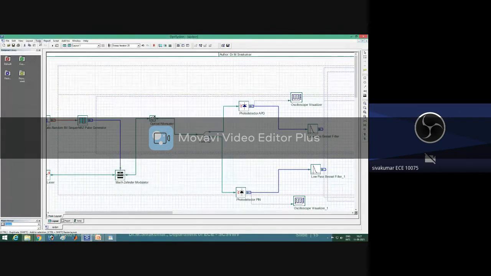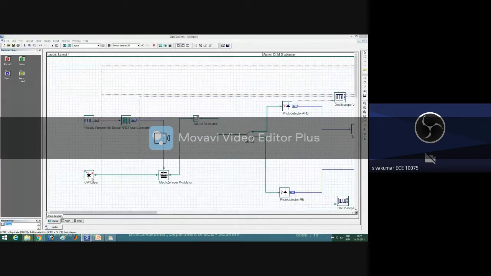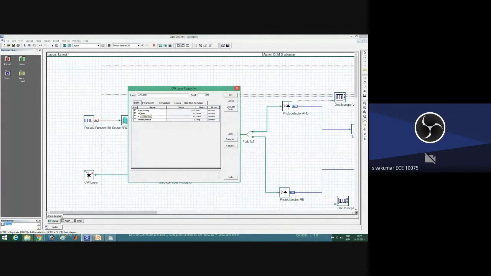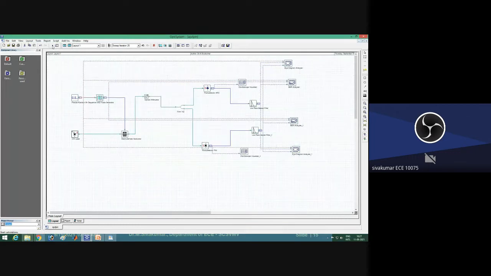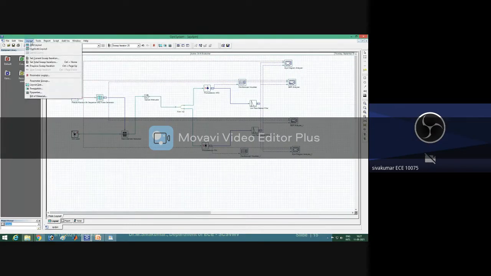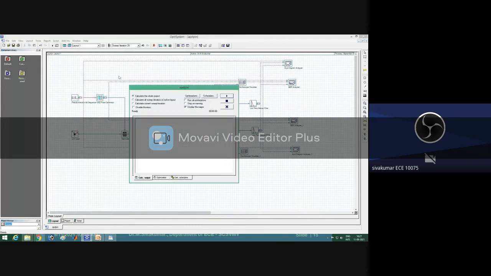In parameter sweeps, just select. If you select frequency and power already selected and simulation, click enable. At the iterations you set 10. Based on that, you give the values and go to this one. Next, after running the simulation, what will happen?